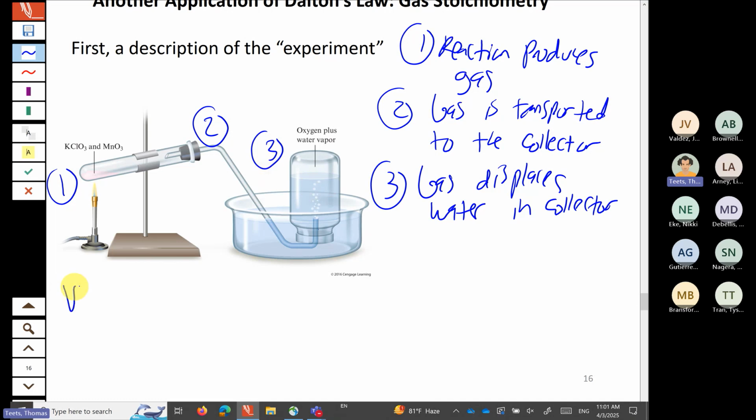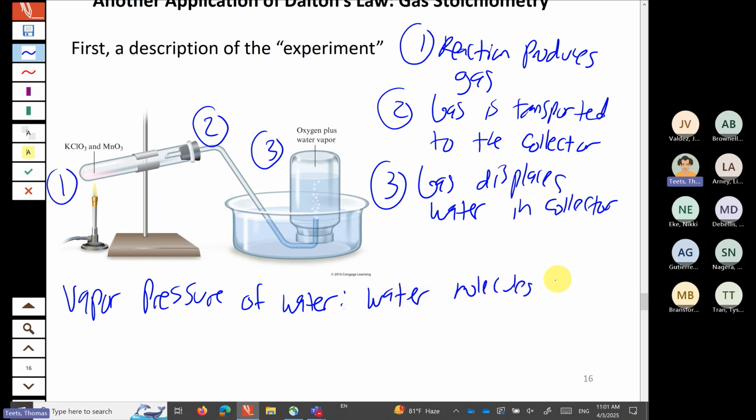This is something we'll introduce in more detail in the next chapter, but whenever we have a liquid, there's going to be what's called a vapor pressure above it. Some small portion of those liquid water molecules are going to escape the surface and exist in the gas phase.